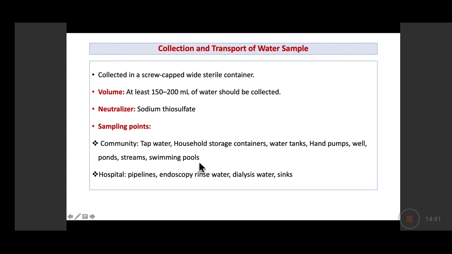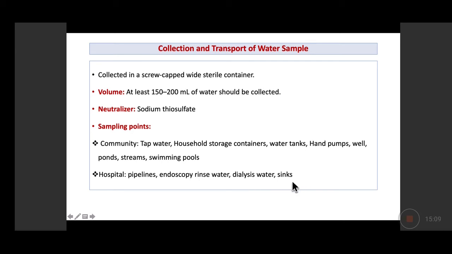In our lab, we get water samples from various hostels, various locations in the hospital, such as the dialysis unit, as well as the swimming pool in the college. So we get samples for testing from all these locations. In the hospital, we can collect samples from pipelines, endoscopy rinse water, dialysis water, or sinks.